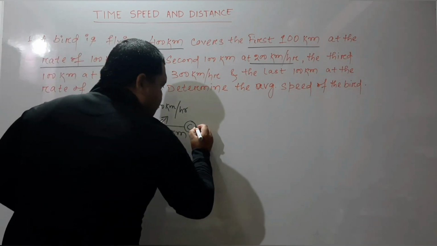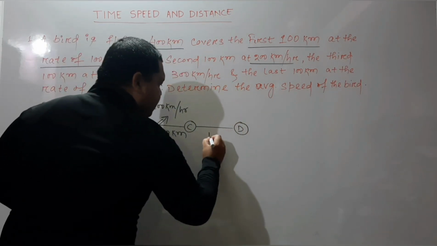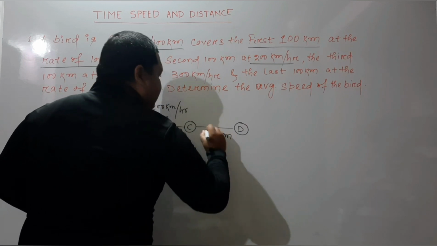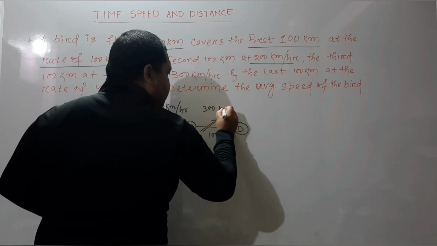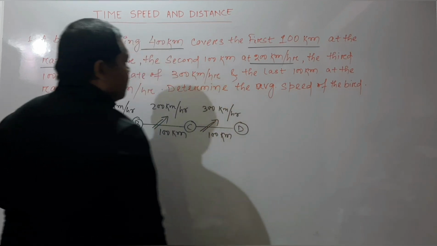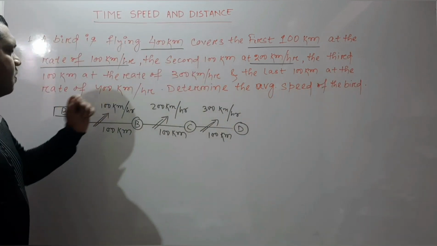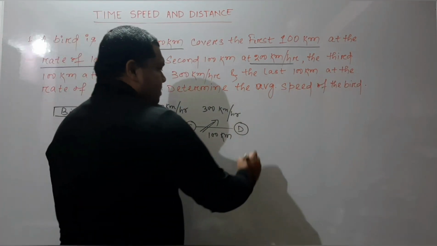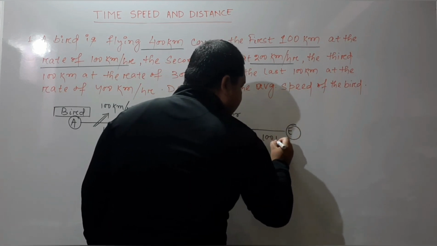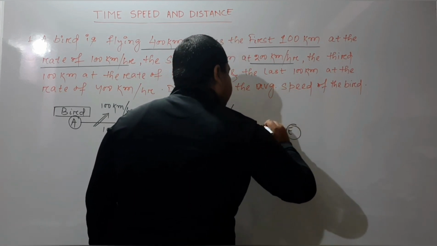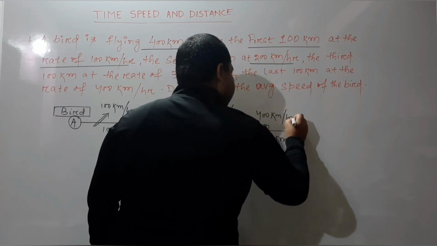That means from position C to position D, again distance is 100 kilometer and your speed is 300 kilometer per hour. And the last 100 kilometer at the rate of 400 kilometer per hour. That means from D to E, again your distance is 100 kilometer and speed is 400 kilometer per hour. It is given in this question.